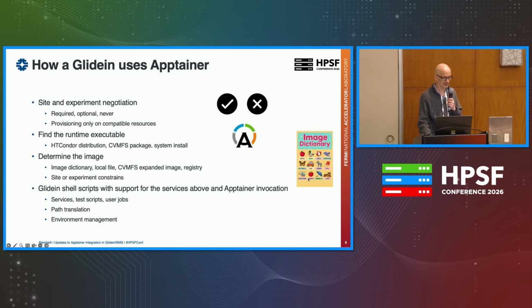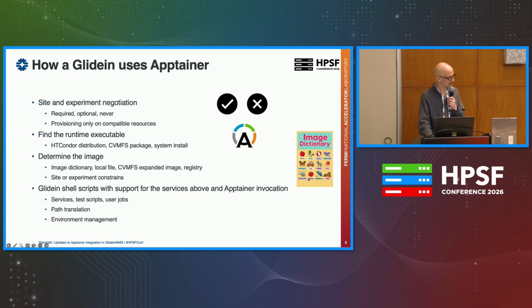And the runtime for the container, for Apptainer, sometimes it's installed on the sites, sometimes it's distributed via Condor in the packaging of Condor. Sometimes it's available on CVMFS, that's a distributed file system that we mount whenever available. And sometimes we can also download it from the Glidein.